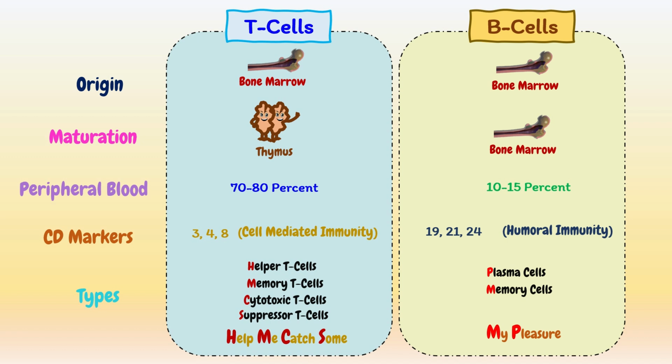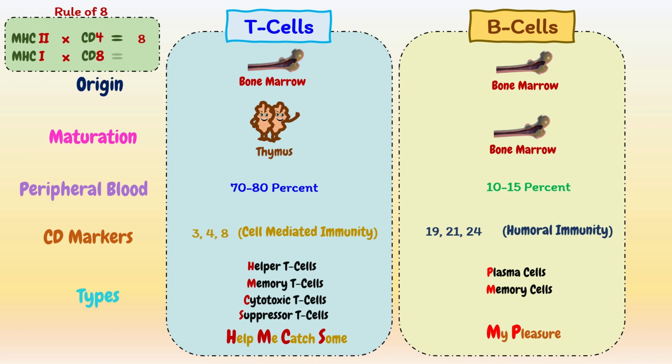Well, remember MHC1 versus MHC2 through the rule of 8. Let me explain it to you. 2 into 4 equals 8. Similarly, 1 into 8 equals 8.